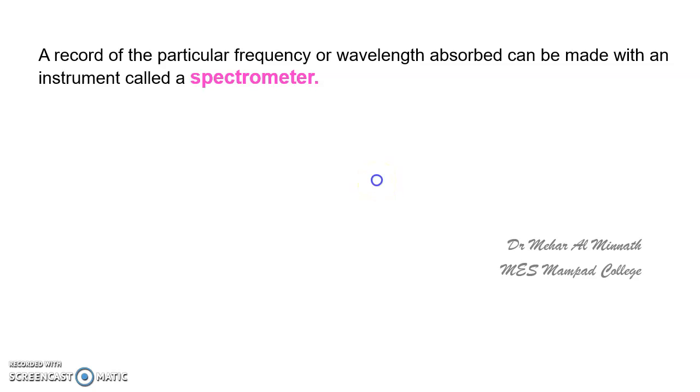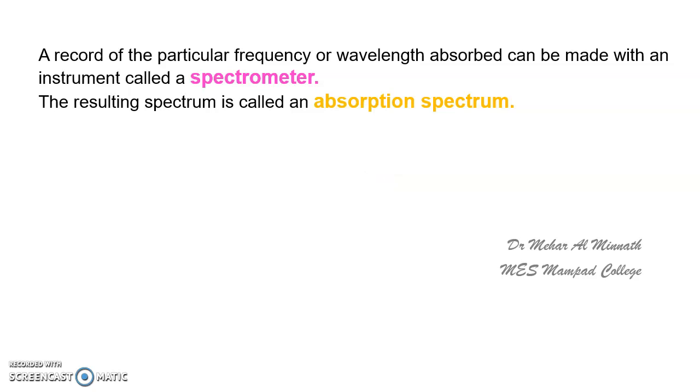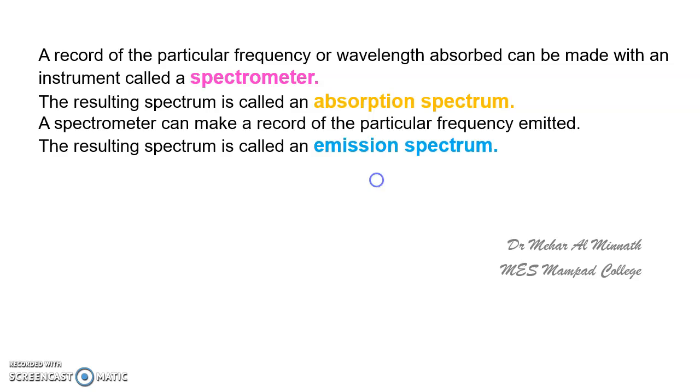And the spectrum which comes out of the spectrometer when this is recorded is called an absorption spectrum or emission spectrum, depending upon which frequency or wavelength the spectrometer is recording. The nature or pattern of the spectrum will be something like this, depending on the parameters which we are plotting.